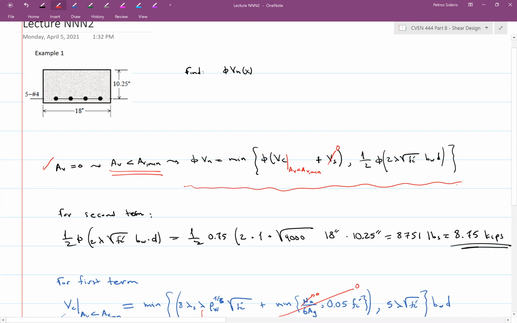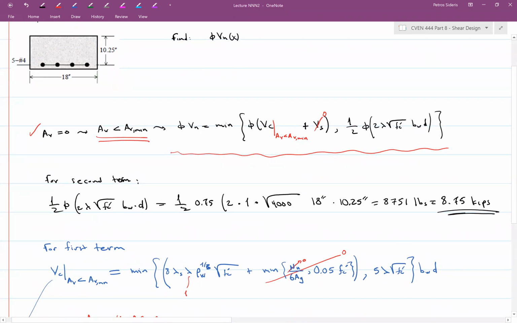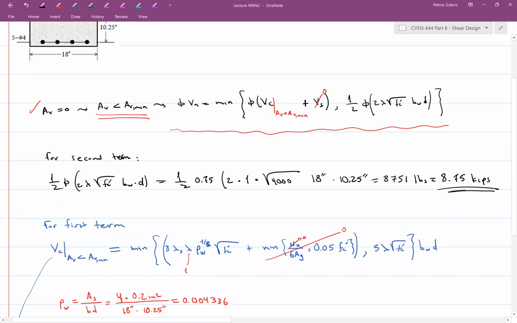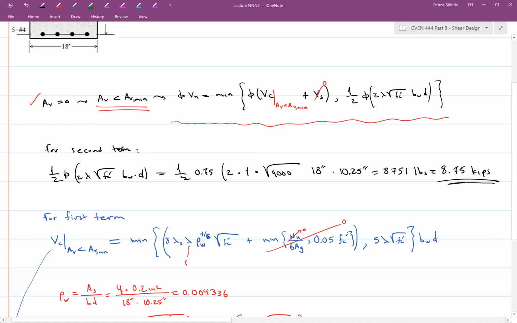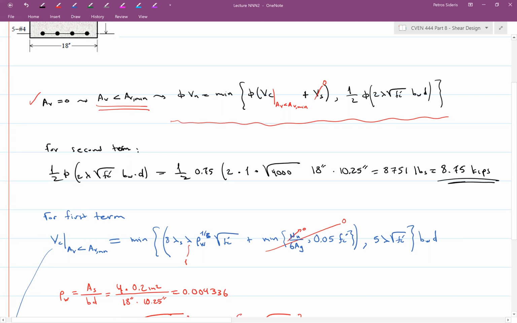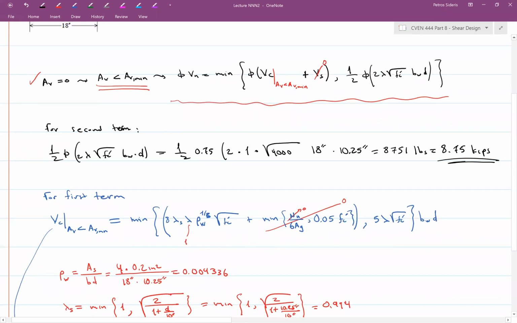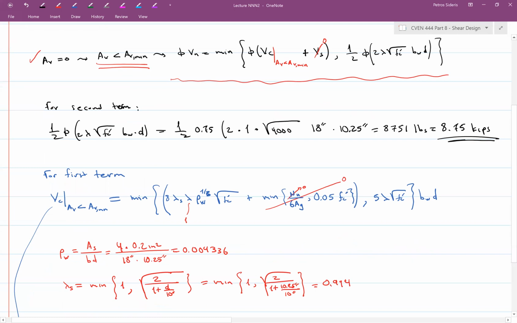It has two terms. We started with the second term. The second term is kind of easier to work with. We substituted all the values. We found a value of 8.75 kips for the second term. Then we went to the first term that has a little bit more work there.